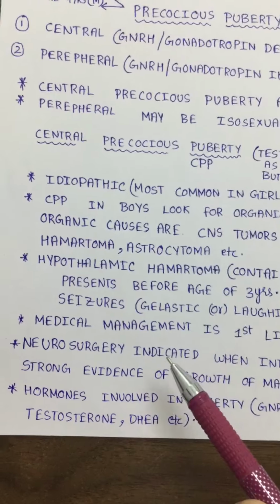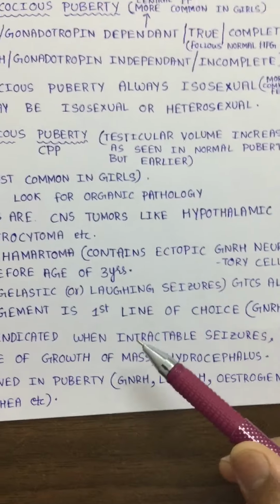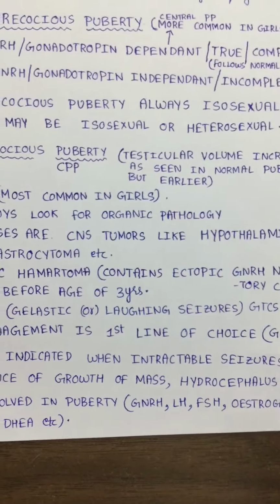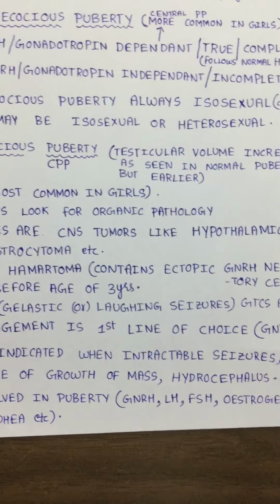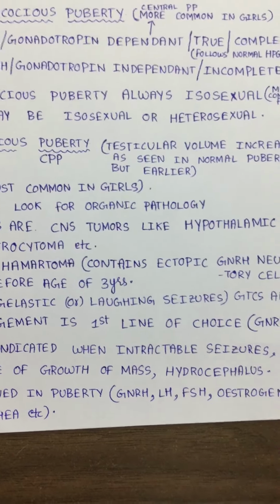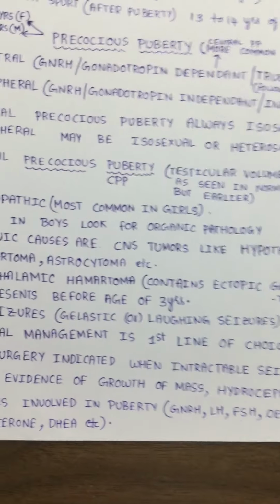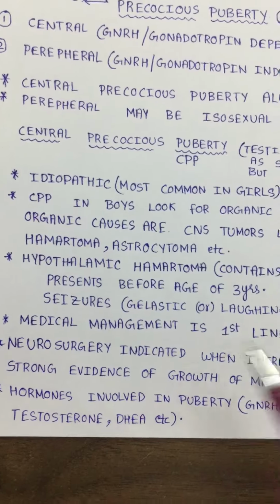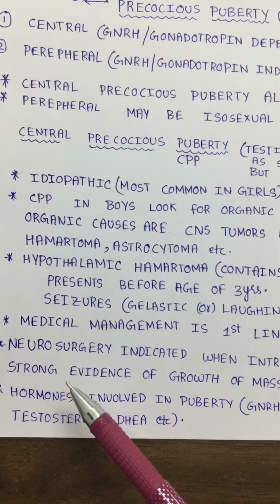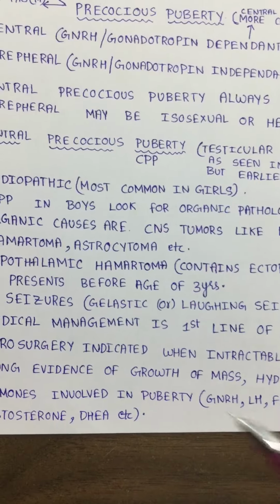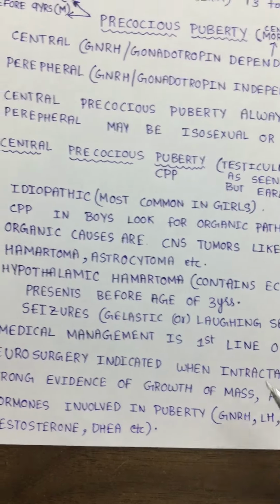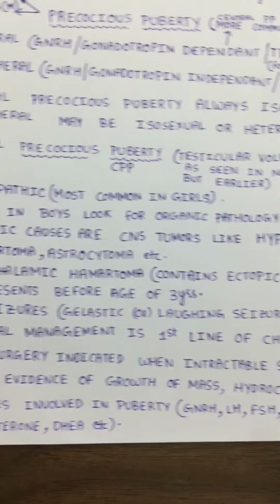Next, neurosurgery is indicated when there are intractable seizures, if the seizures are not controlled even with many drugs. Also, if there is strong evidence of growth of the mass in radiology, if you find rapid growth of the mass, then neurosurgery is indicated.